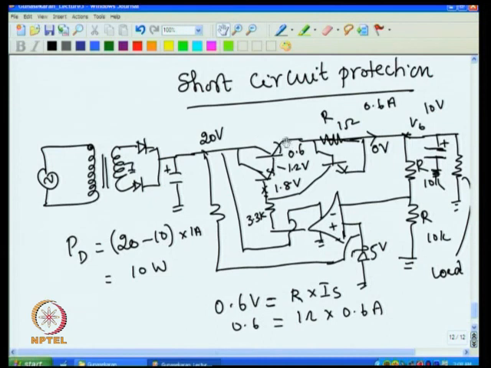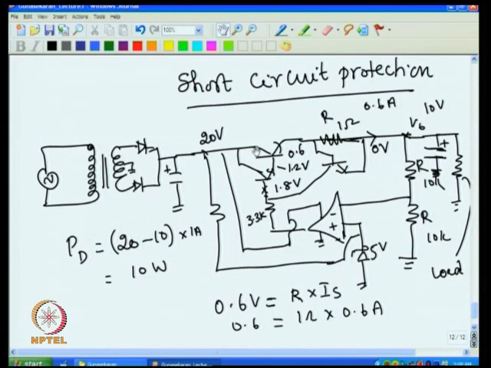So roughly you have 20 volt across this transistor and 0.6 ampere going through it. The power loss across this will be 20 into 0.6, around 12 watt of heat dissipation across this transistor. But in the normal working case, when short circuit is not there, if 0.6 ampere is going, at that time around 10 volt is here and 20 volt here, so you have only a 10 volt drop across this.